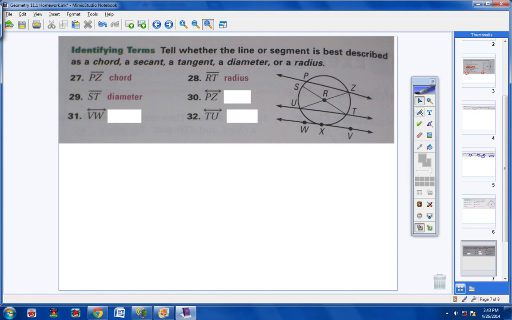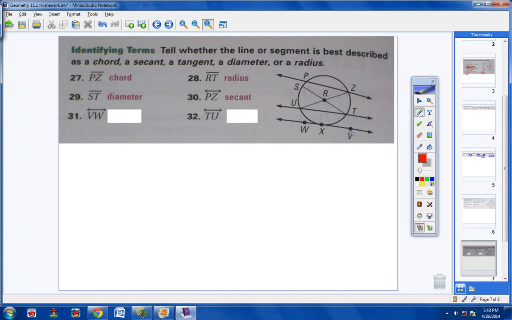Now, notice this next one here is line PZ. So this whole line passes through the circle and intersects it in two places. What do we call a line that passes through the circle and intersects the circle in two places? Well, we call that a secant line. A secant line. And then line VW.